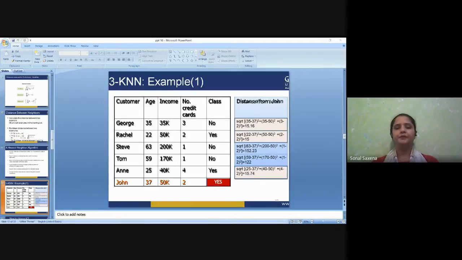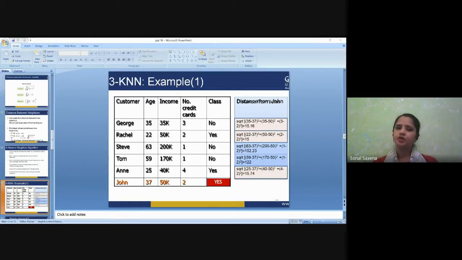When we talk about the k nearest neighbor algorithm, the training examples are simply vectors in a multi-dimensional feature space, each having a class label. The training phase of the algorithm consists only of storing the feature vectors and the class labels of the training samples, and nothing else. Only two things: the feature vectors and the class labels.